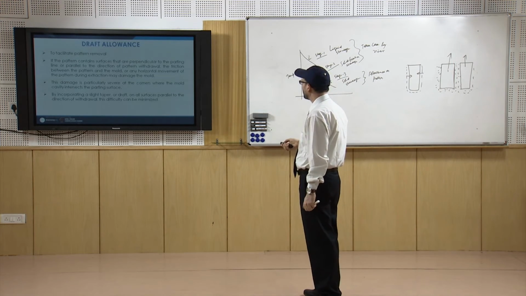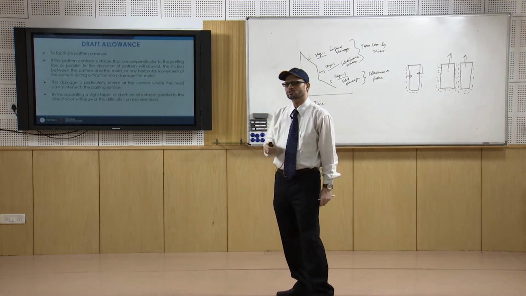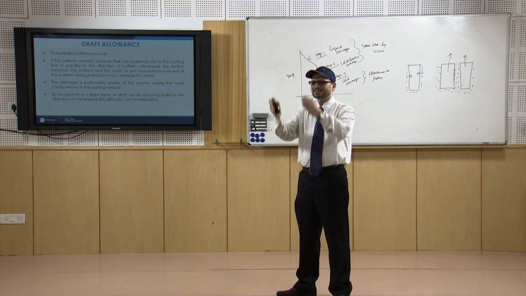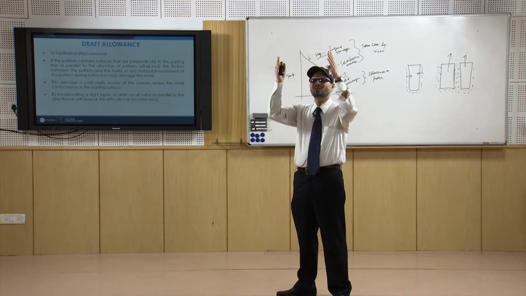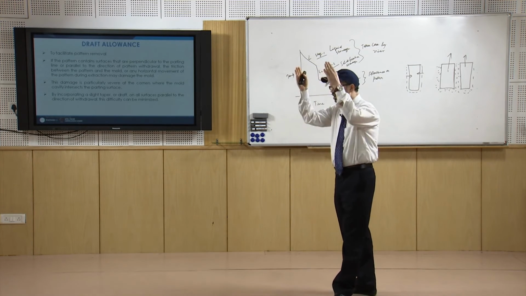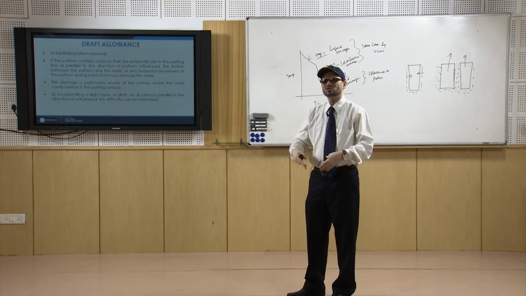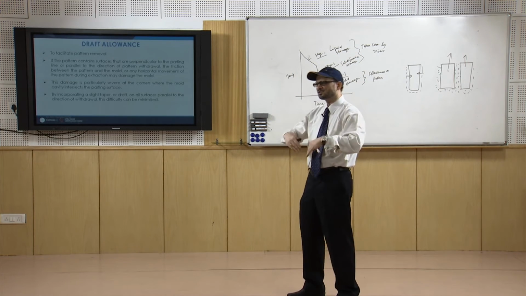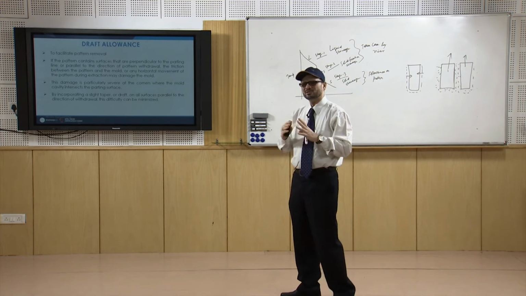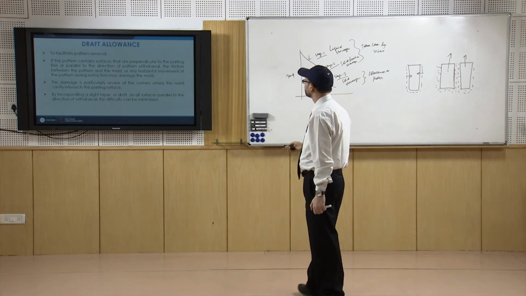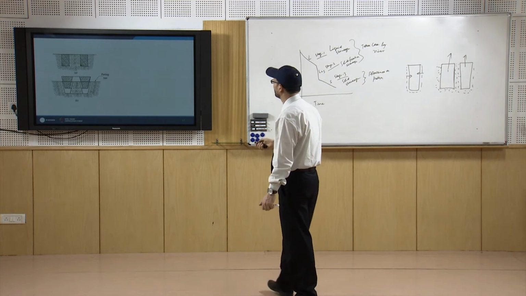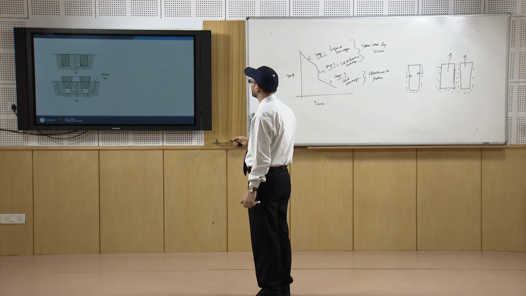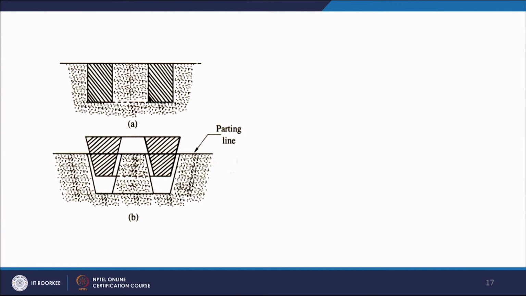You give a slight taper, maybe 1 degree to 2 degrees, and that depends upon the dimension of the vertical surface, how much taper you need to provide, so that you can withdraw it with ease without damaging the mold. This is an example of providing it. You have such a surface, you provide that draft, so that you can take it out and there is no damage to the mold.